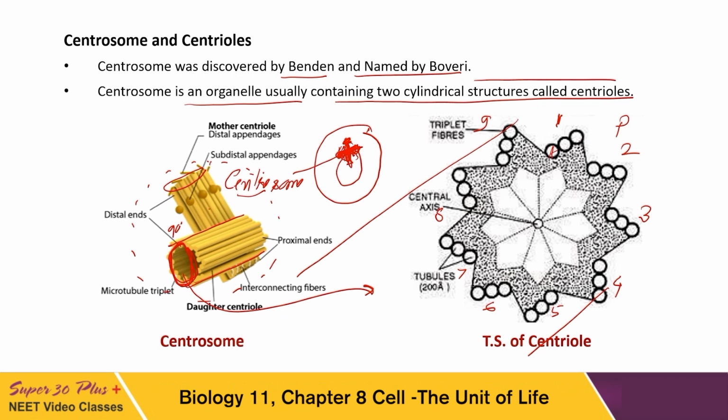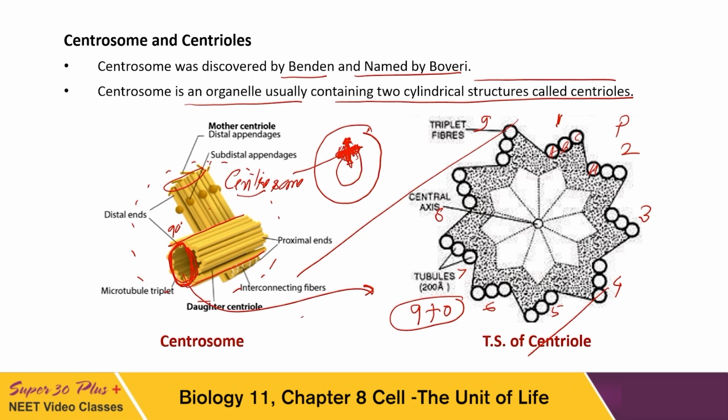These subunits are A, B, and C. The C of one is connected to A of the adjacent tubule. At the center we have a central axis, but we do not have any microtubule. Therefore we can call this arrangement a 9 plus 0 arrangement.